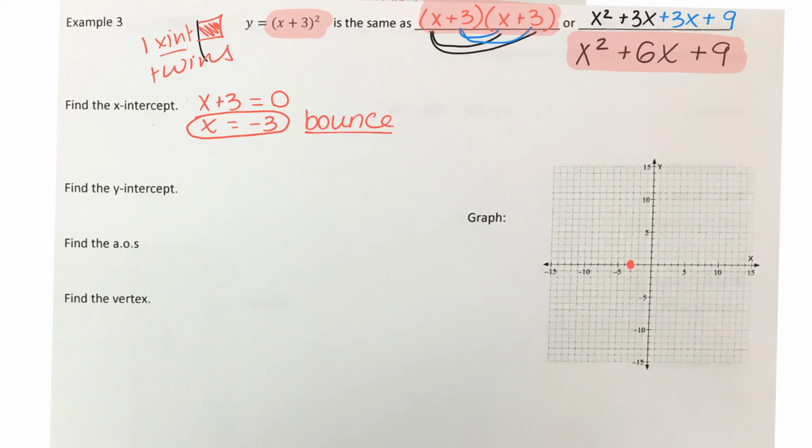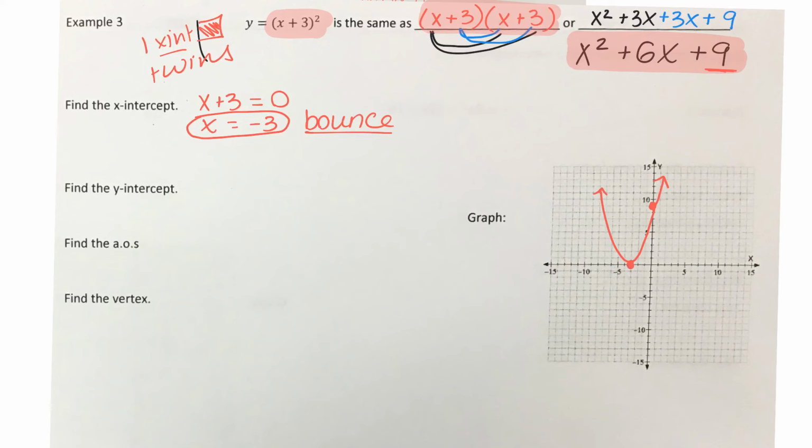So this is going to kind of go like this and create just one x-intercept. Now, let's figure out where your y-intercept is. For the y-intercept, we need to look over here at standard form. So our y-intercept is at 9. It bounces on the x-intercept and goes up and hits the y-intercept. That's how we create one x-intercept.